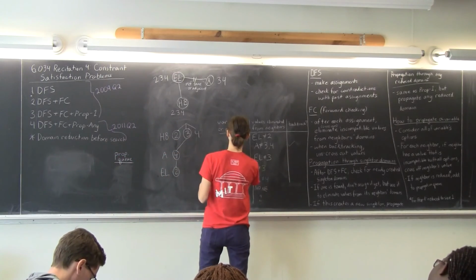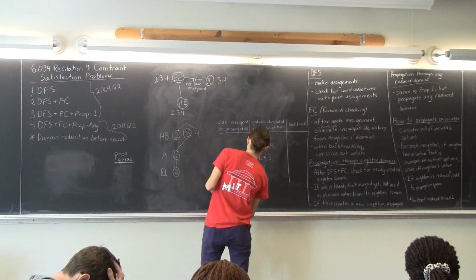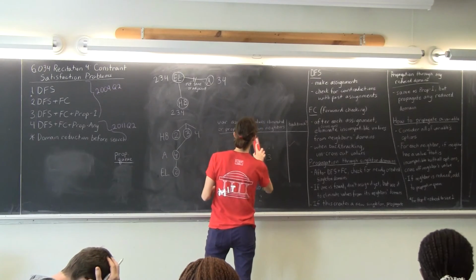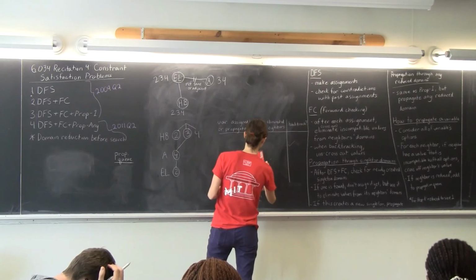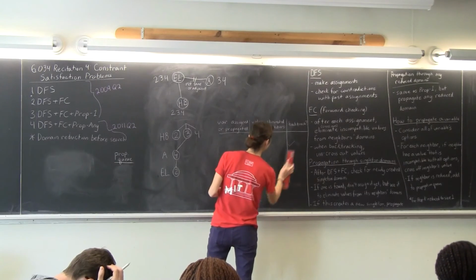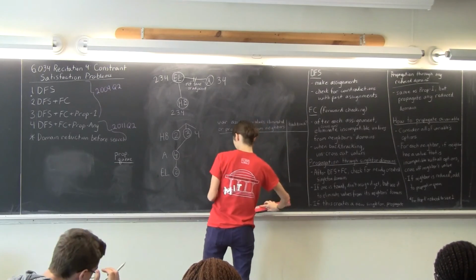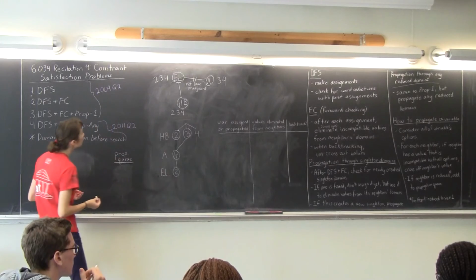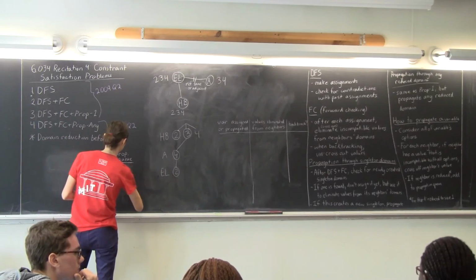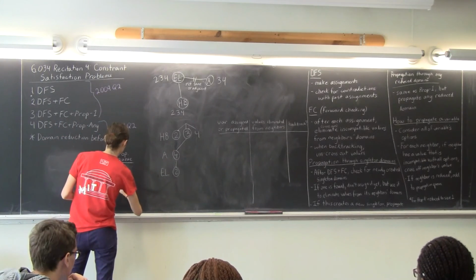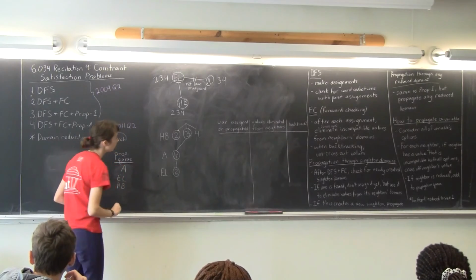Okay. So we're going to put all the variables into the propagation queue in alphabetical order, just to break ties. So we get the antelope, the evil lion, and the hornbill.